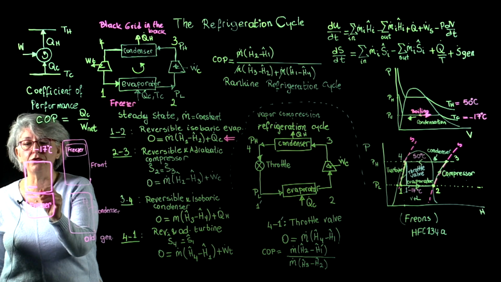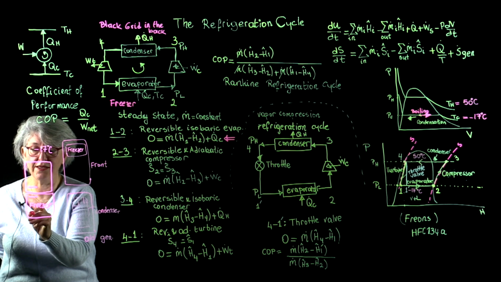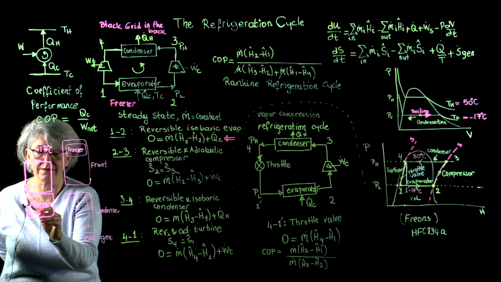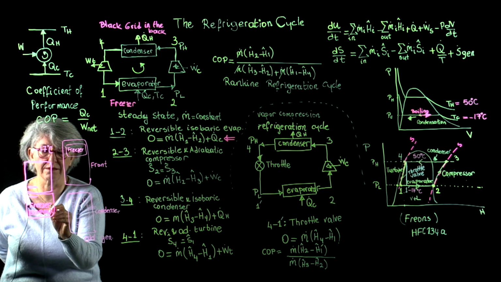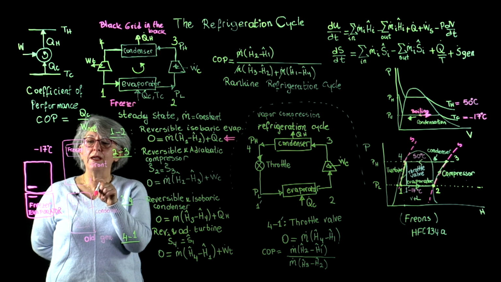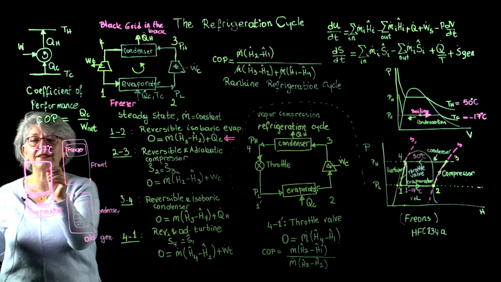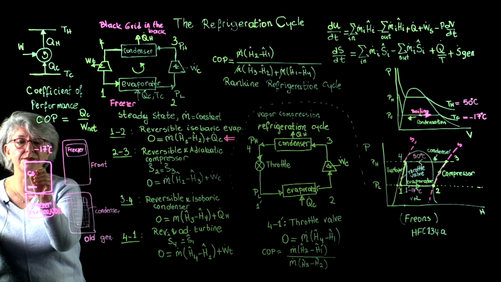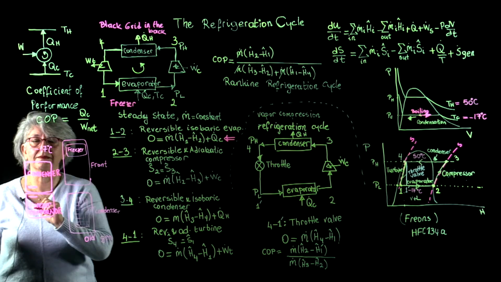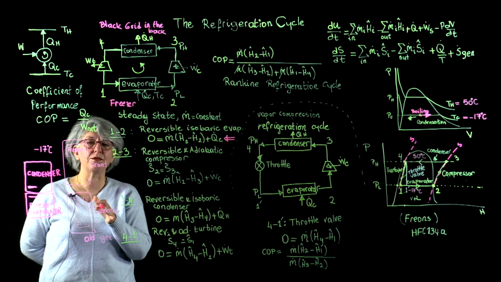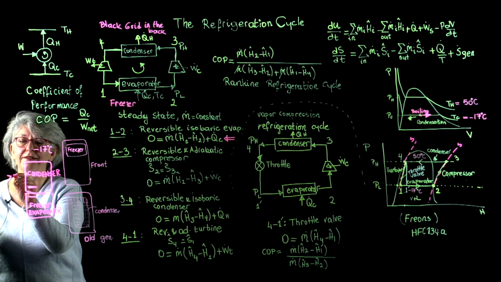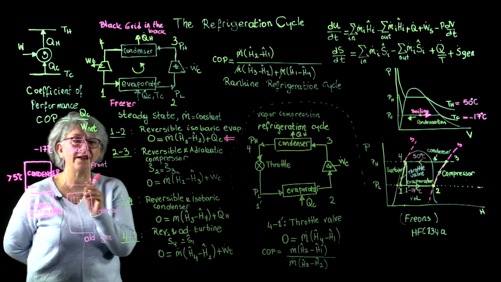So if I put my evaporator here, if I put my evaporator in the freezer, and if I put my condenser in the upper compartment, what are the temperatures that I need in the upper compartment? Maximum 5 degrees Celsius. It should be greater than 5 degrees Celsius. What is the reason for 5 degrees Celsius?